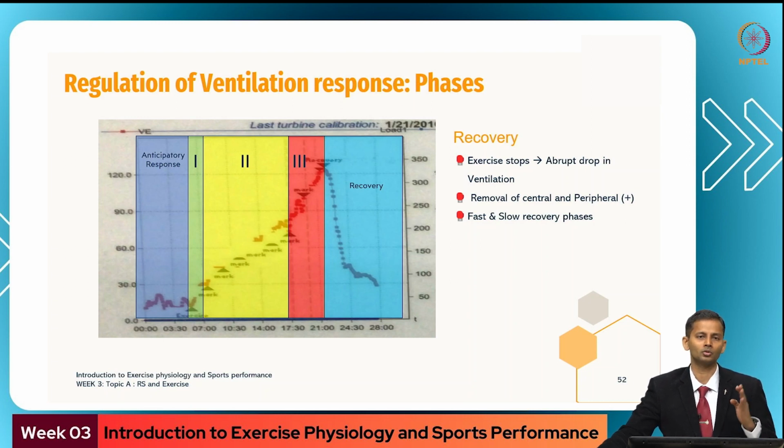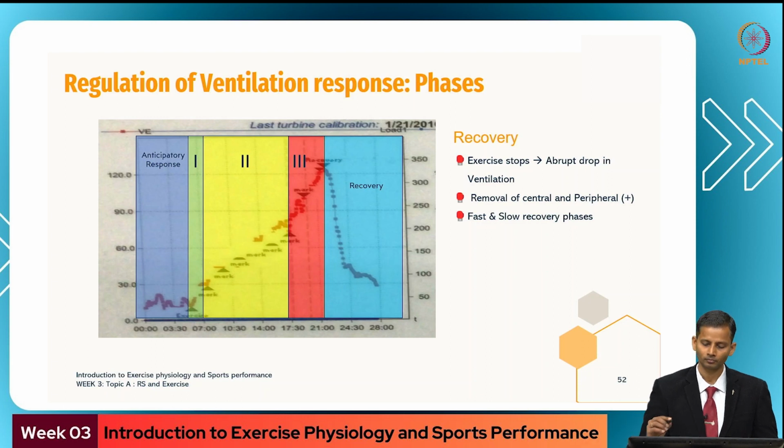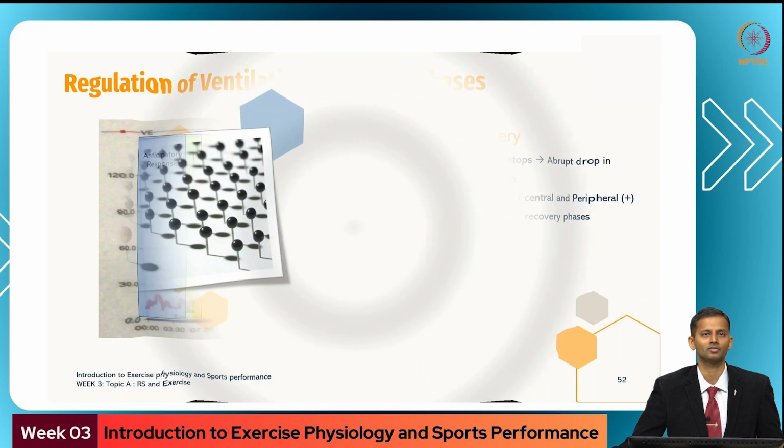This happens in two different phases. One is the fast recovery phase, where you can see in the graph a sharp decrease in the ventilation, and thereafter the phase of slow recovery starts, wherein it continues. Here the graph is shown only till 28 minutes. If the individual had been monitored for a prolonged period of time, it would have decreased slowly until it reached the baseline. That becomes the slow recovery phase.